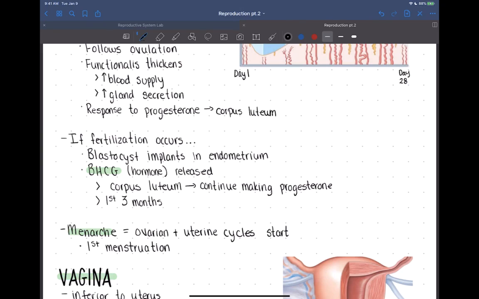Beta-HCG is going to act on the corpus luteum to tell it to continue making progesterone. So then this will help to maintain that uterine lining.